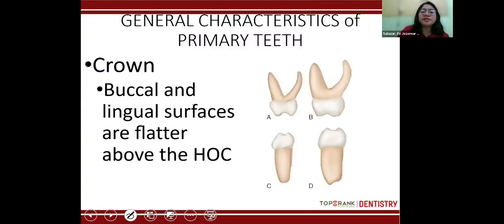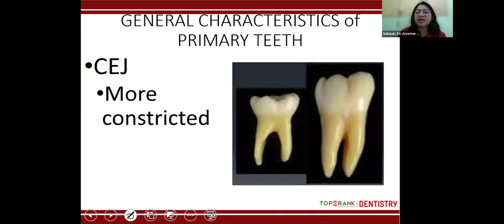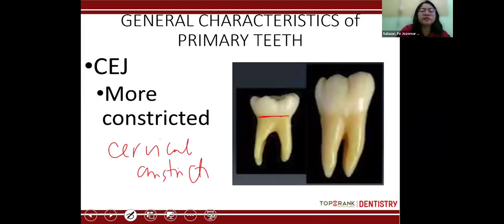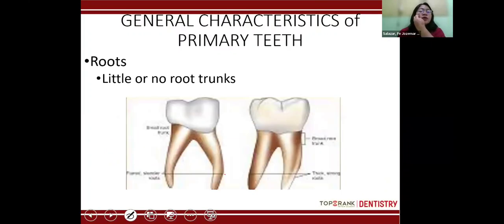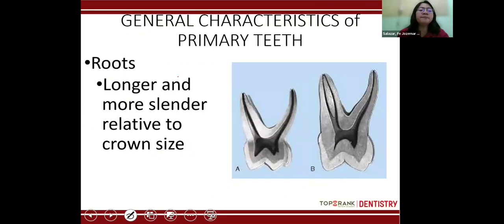Buccal and lingual surfaces are flatter above the heights of contour compared to your permanent. CEJ, they are also more constricted, kaya may narrowing of the cervical. So you have a cervical constriction form. Roots have little or no root trunks. Okay, no root trunks actually.